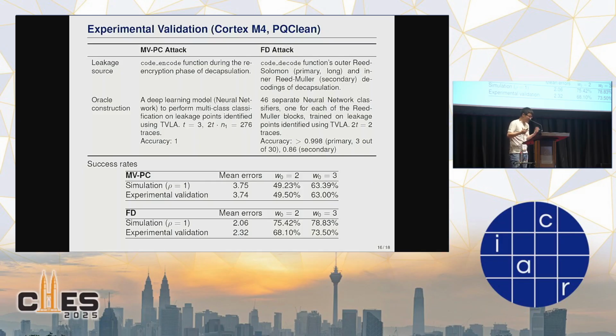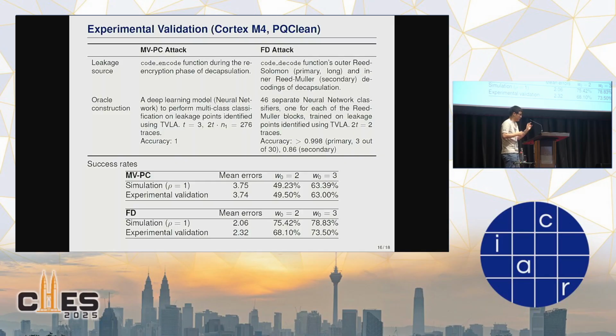Then for the FD attack, it's kind of newer. So we also observed 2 leakage sources from the decode functions. One is from the outer Reed-Muller decoder. Actually, it's about computing the syndrome. And another is from the inner Reed-Muller decoder, but this is secondary and slightly weaker. The primary leakage is very long and includes 30 iterations.